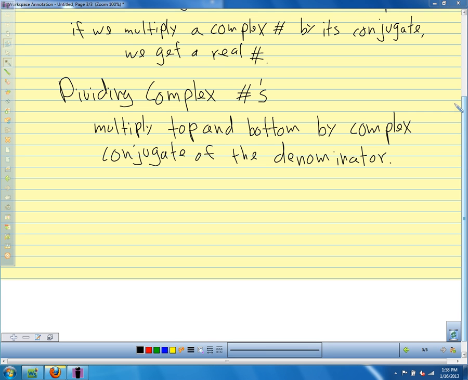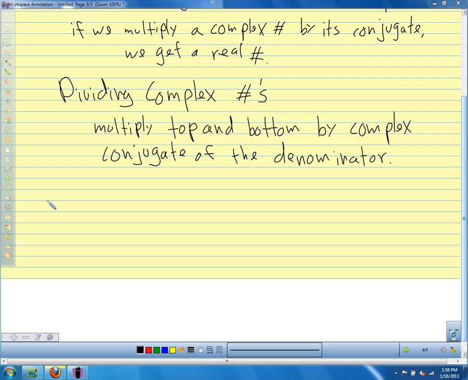We'll do a couple of examples, and it'll make sense. It's not a difficult thing to do. It's kind of like when we rationalize denominators with radicals. We just have this complex conjugate.